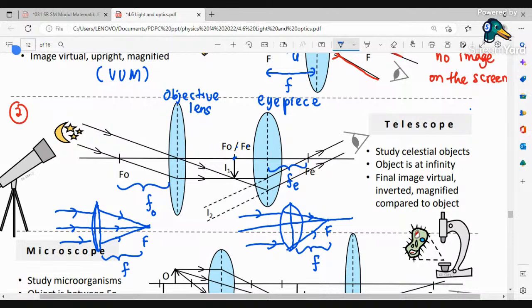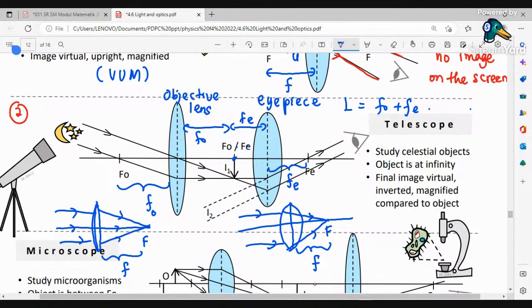So you can say this is FO, this is FE. So the separation distance between the two lenses must be FO plus FE. So this is the focal point for the eyepiece and also the focal point for the objective.